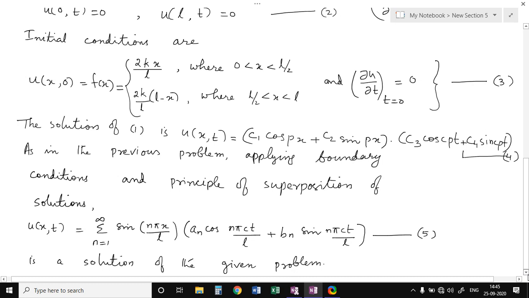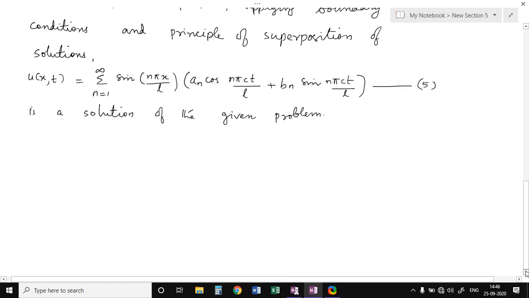This fifth equation contains two constants, an and bn. Using the initial conditions we will evaluate an and bn. We have two initial conditions, represented by 3. The right hand side of the second initial condition is 0, so I will apply the second initial condition first.